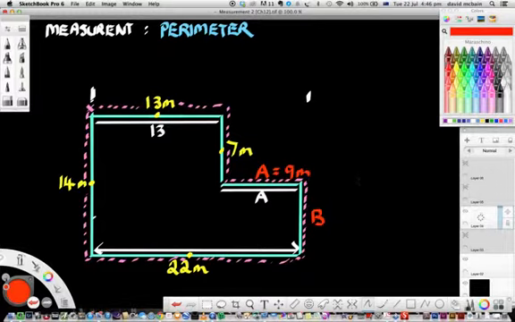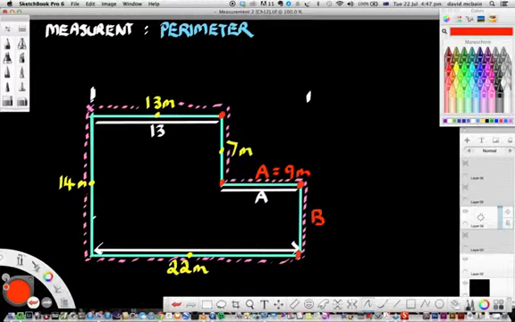Okay, so B, using these lengths, we might see that the distance B, that distance from there to there, plus this distance from here to here, so that distance plus that distance is the same as this whole side here.